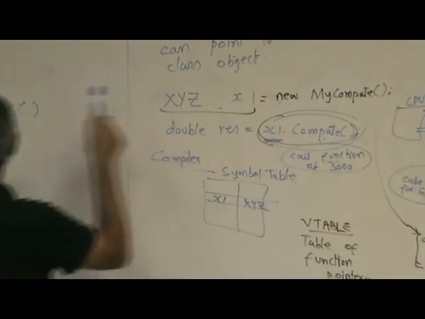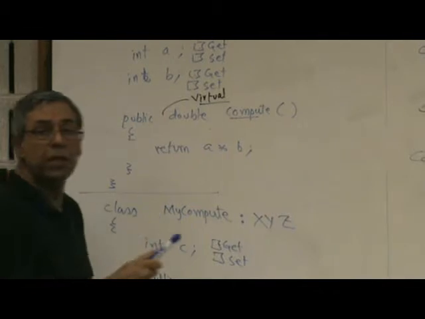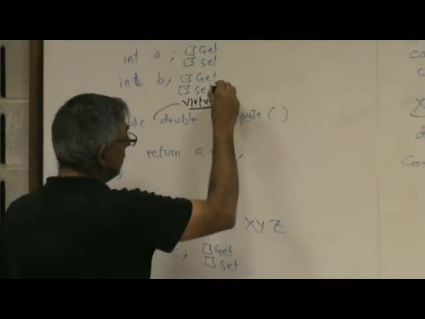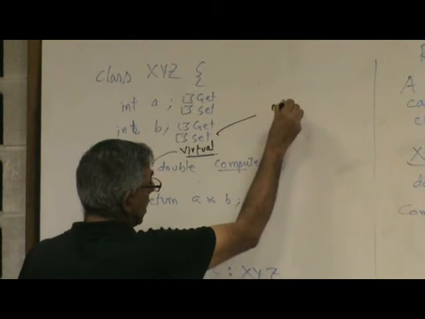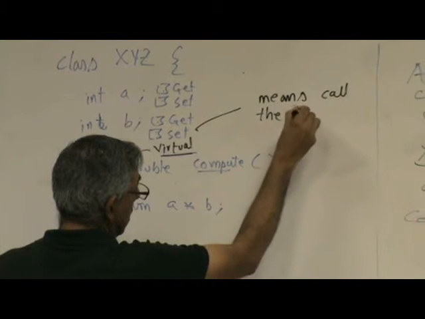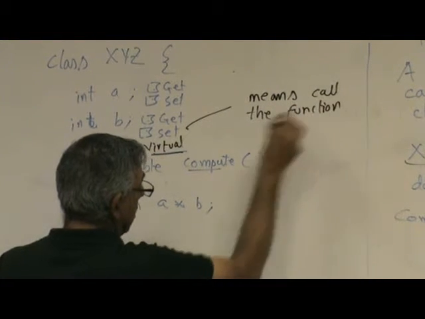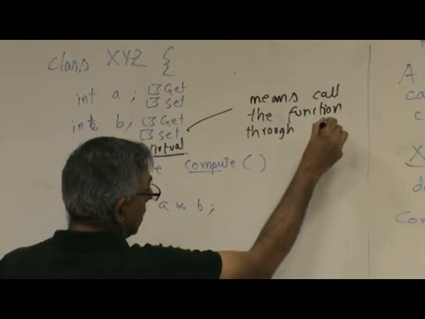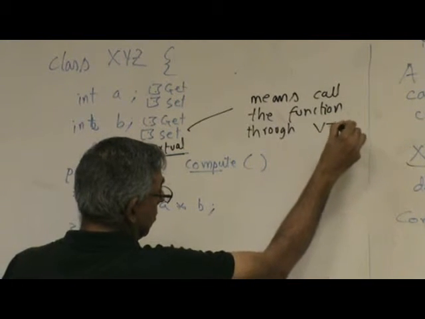Goes to XYZ. Is there a compute? Then it further checks, is it marked virtual? If it is marked virtual, that basically means call the function through the vtable or the virtual table pointer.